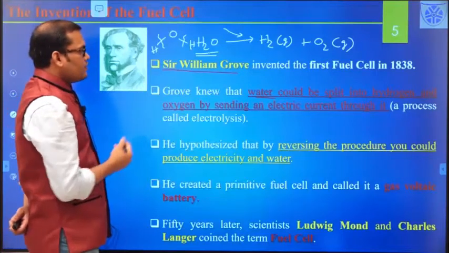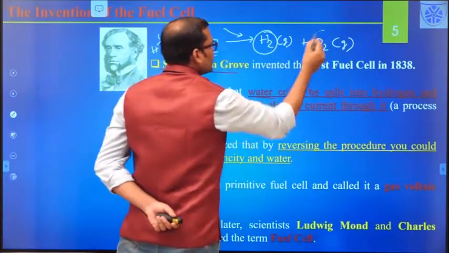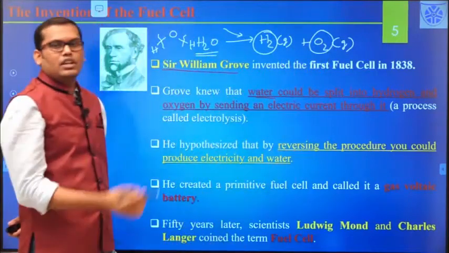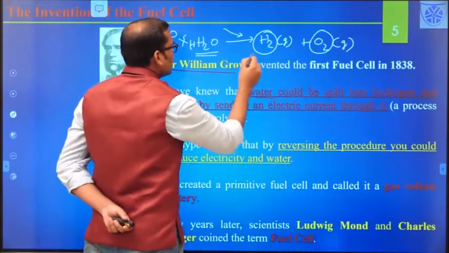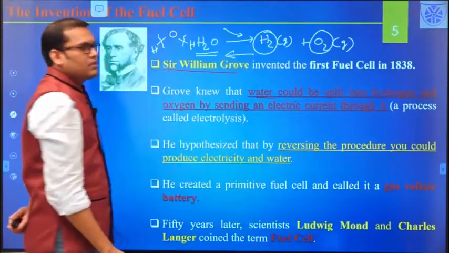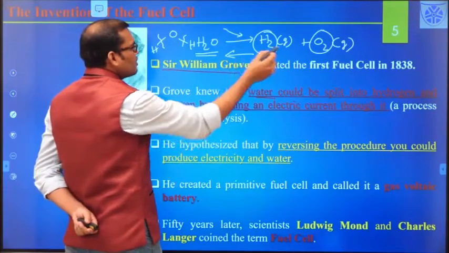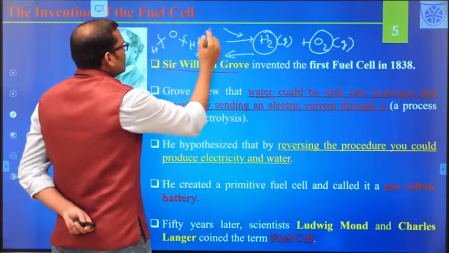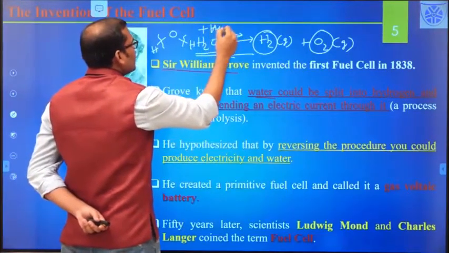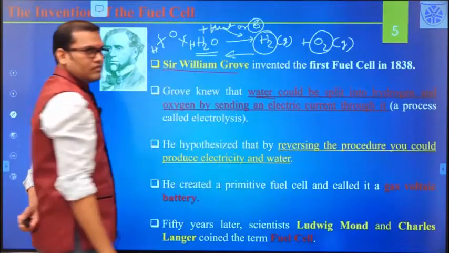Now what he thought was, what if we combine these two gases and do the reverse reaction? If you combine hydrogen and oxygen gas, you can get water. That means this hydrogen and oxygen will react and form water, and as well you will get heat or electricity, right?